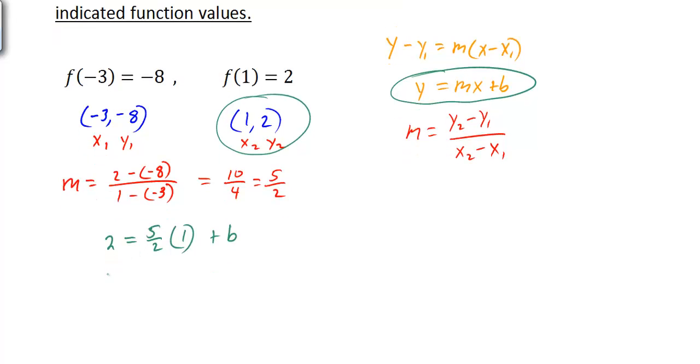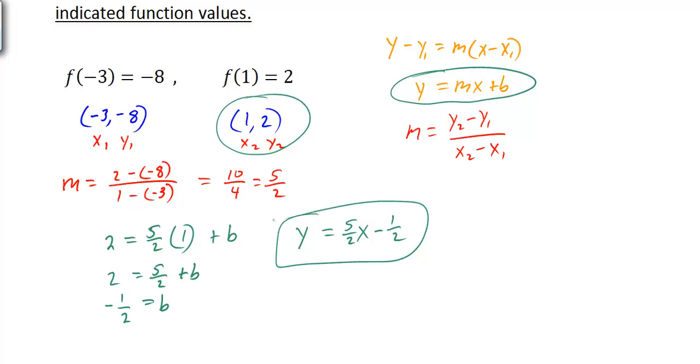So then we have 2 equals 5 halves plus b, and if we subtract 5 halves from 2, well, this is really 2 1/2, so 2 minus 2 1/2 would leave us with negative 1/2. So then we would have y equals our slope of 5 halves x minus 1/2. So there is the equation of our function.